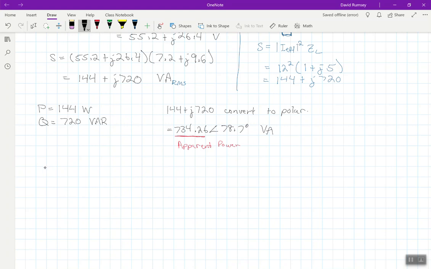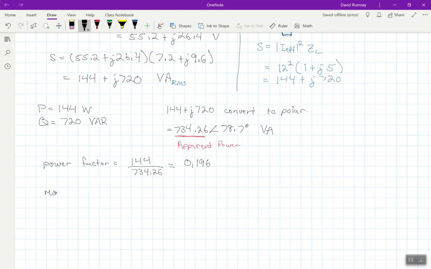So my power factor is equal to 144 divided by 734.26, which is 0.196.